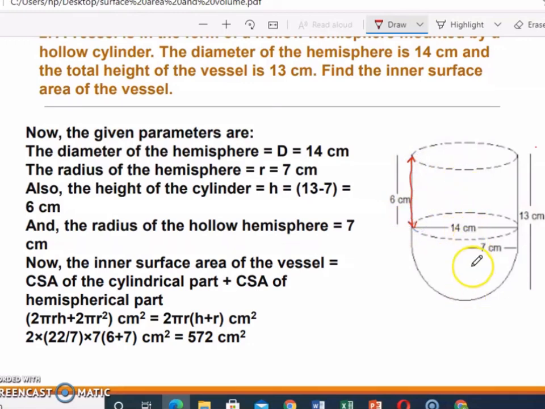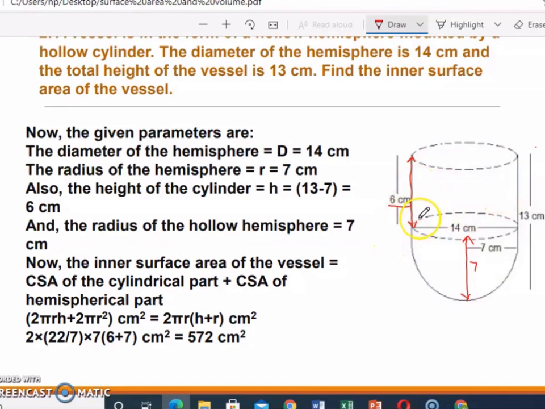And this is the radius of the hemisphere. The diameter is 14, so this is 7. This entire thing is 13. So only this portion, that is the height of the cylindrical part, will be 6 centimeter. So the height of the cylinder is 6 centimeter.